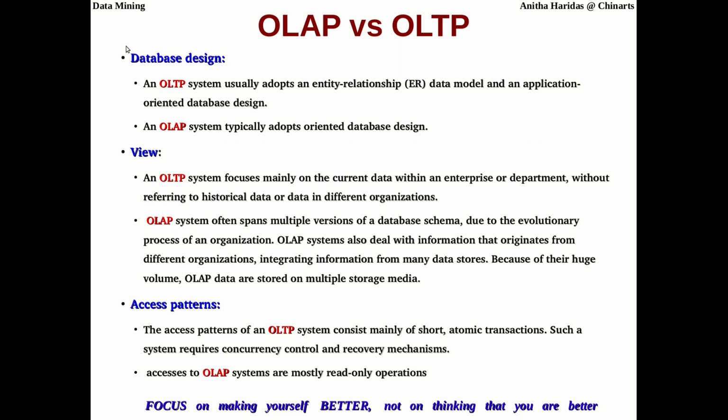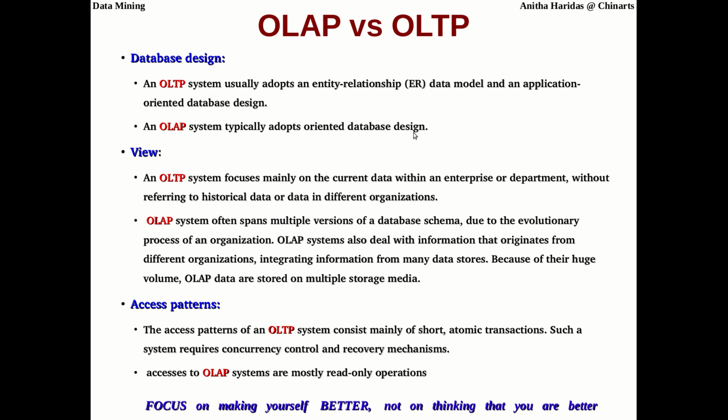Now, based on the database design, OLTP prefers an ER data model, the entity relationship data model, and it is an application-oriented database design. So which application is using the database, based on that the database design will change. Whereas the OLAP system typically adopts a subject-oriented database design.